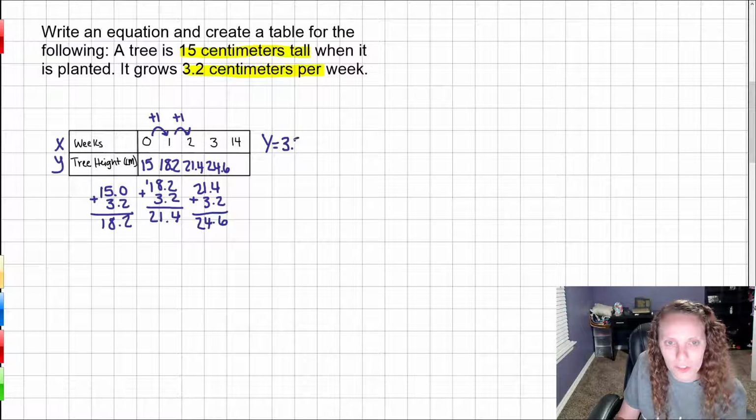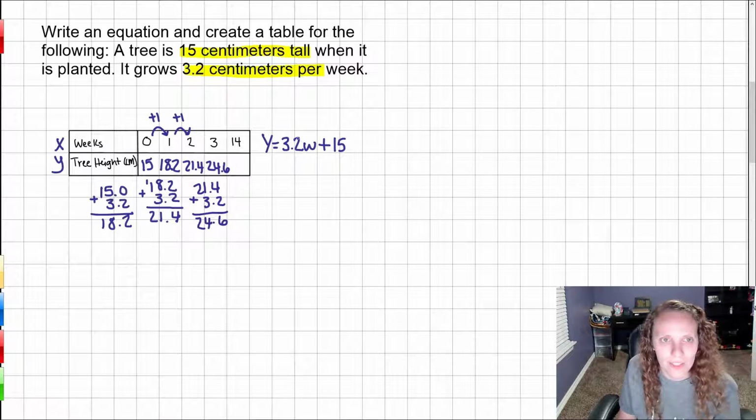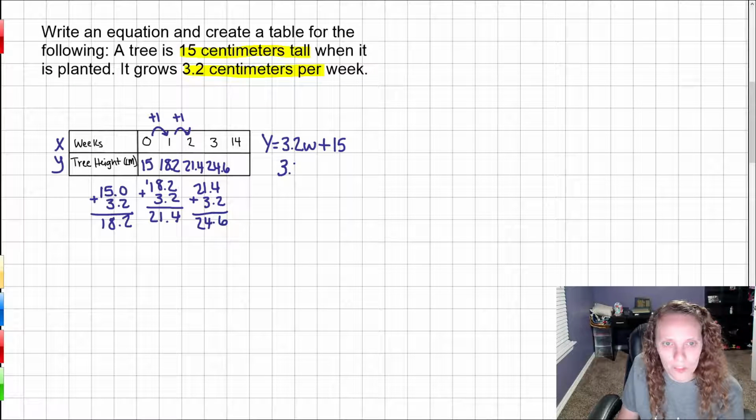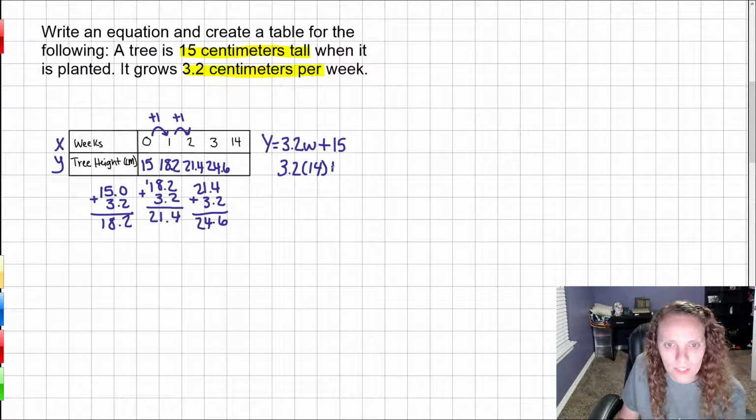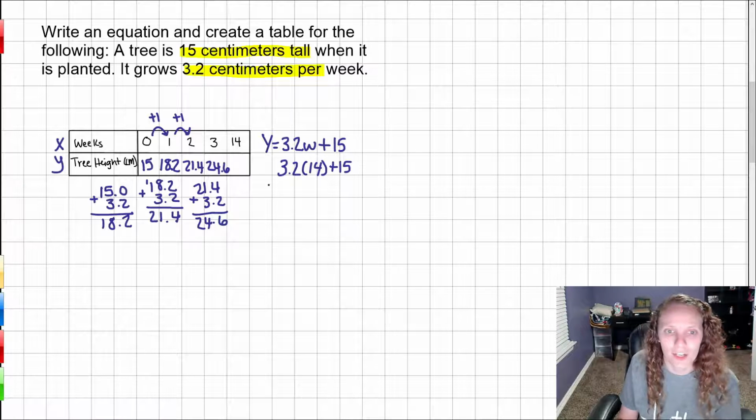So it would be 3.2 times however many weeks goes by, so 3.2w. And then we had a starting point of 15. And weeks, in this case, will be 14. So we're going to do 3.2 times 14. And then add the 15 starting amount.